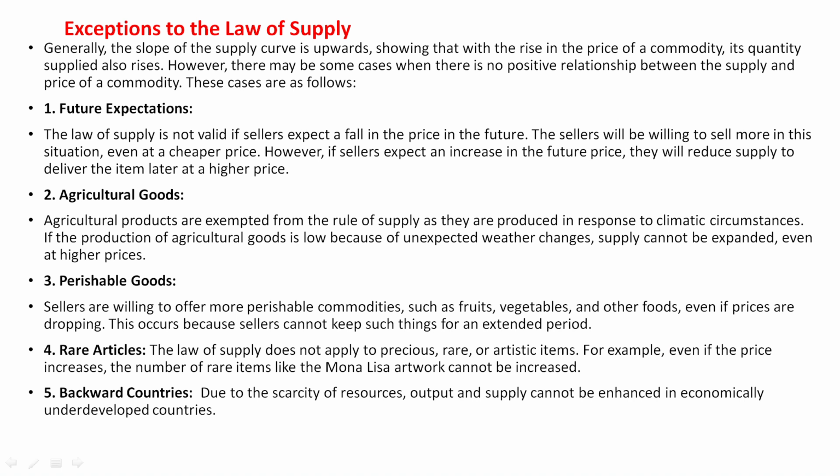First being future expectations, agricultural goods, perishable goods, rare articles and backward countries. For future expectations, the law of supply is not valid. If there is an expectation of a fall in the price in the future, the seller will be willing to sell more in this situation, even at a cheaper price.